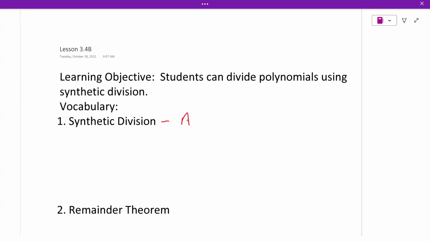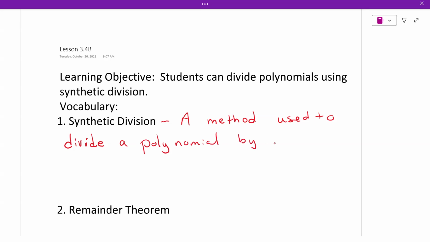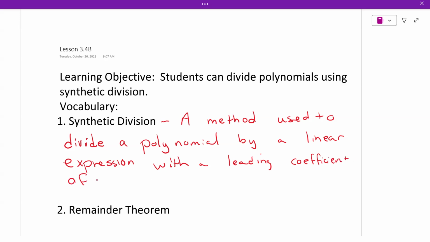So synthetic division is a method used to divide a polynomial by a linear expression with a leading coefficient of 1.